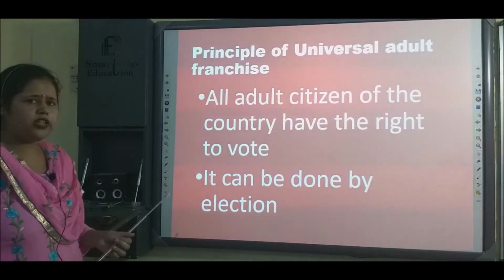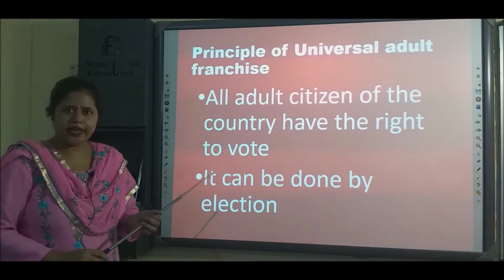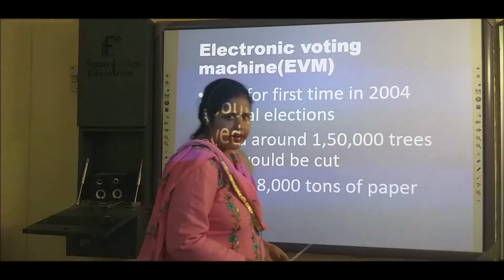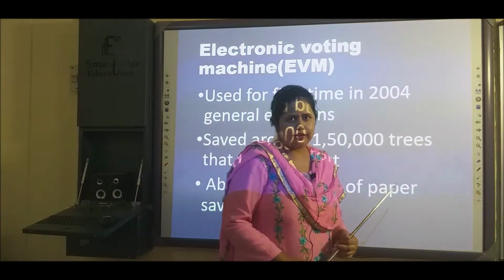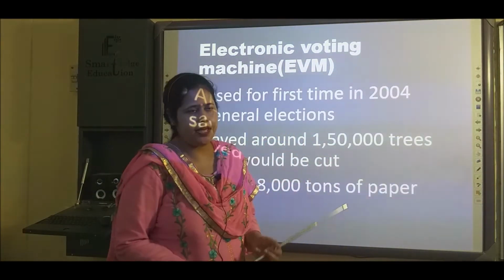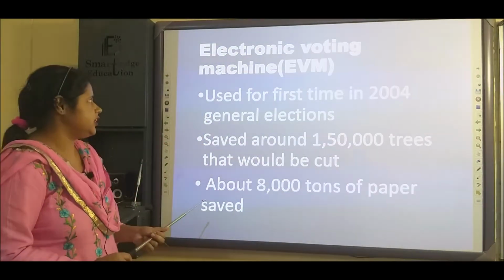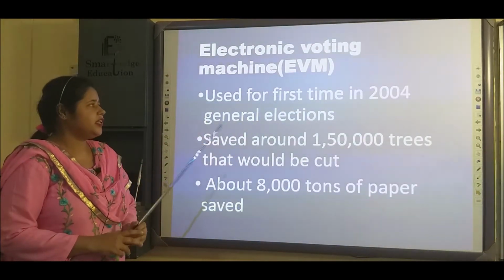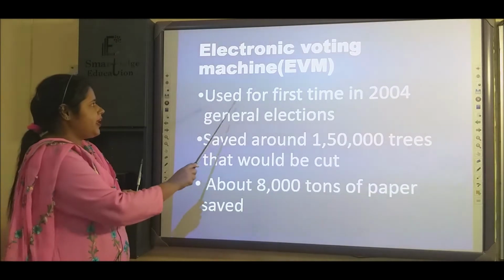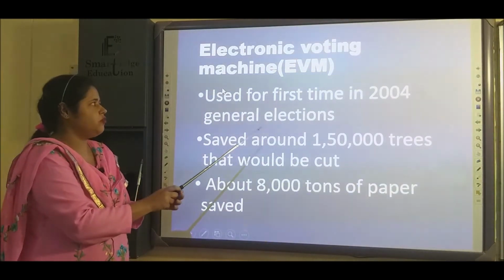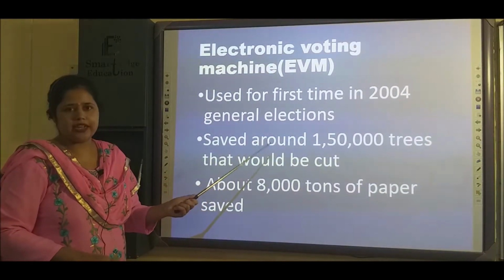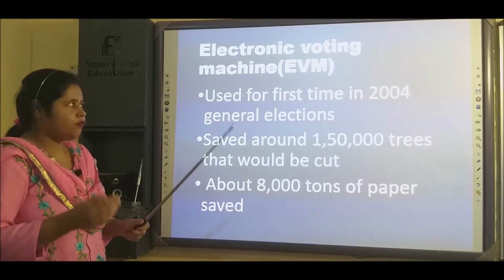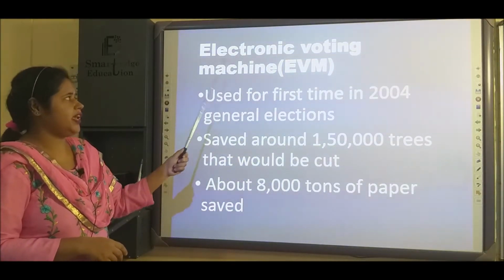And how is this done? This is done by elections. How are elections conducted? Nowadays, elections are done by electronic voting machine, that is EVM. For the first time, electronic voting machines were used in the 2004 general elections. And what was the benefit of using EVMs?